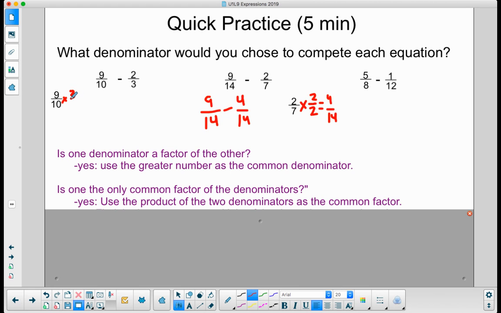So 3 as my numerator and 3 as my denominator. 9/10 equals 27/30.